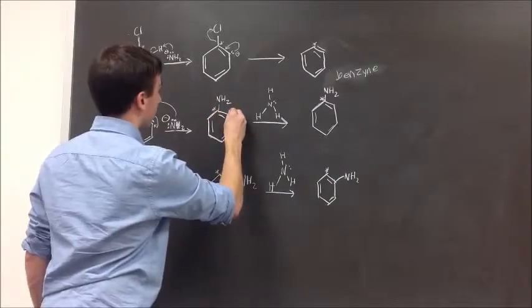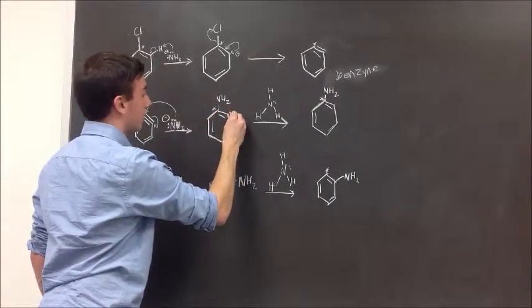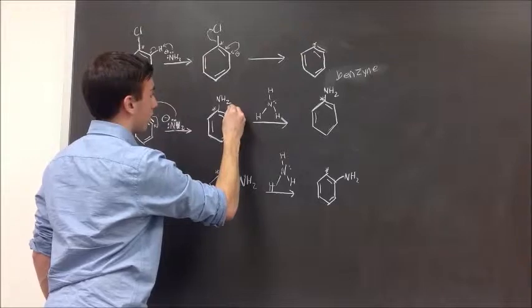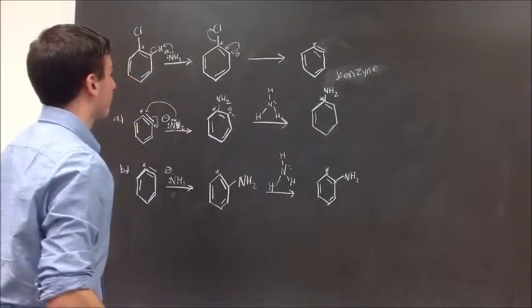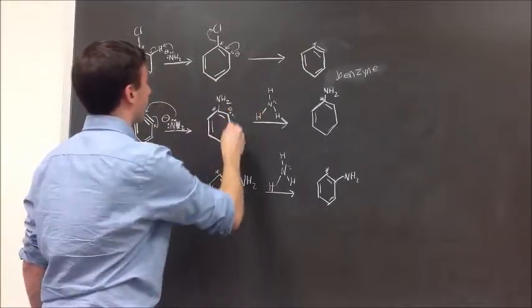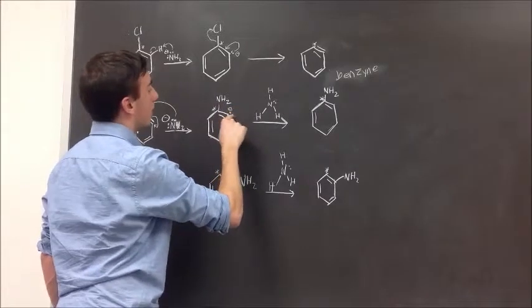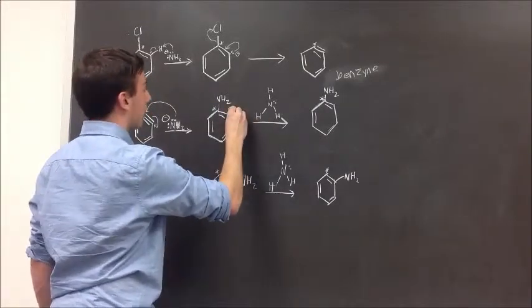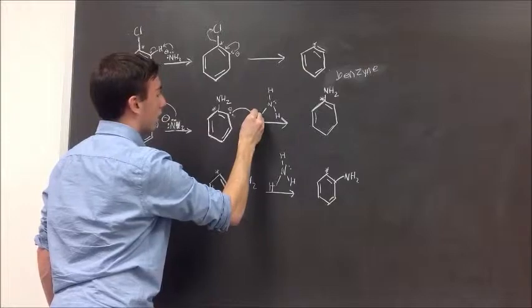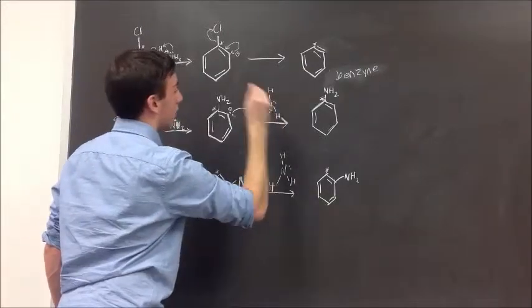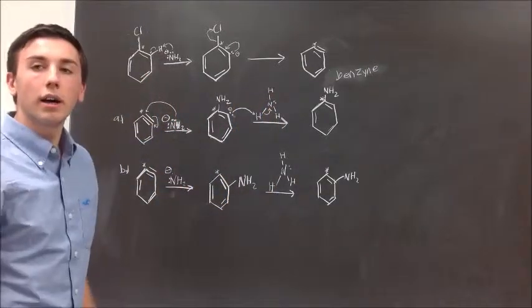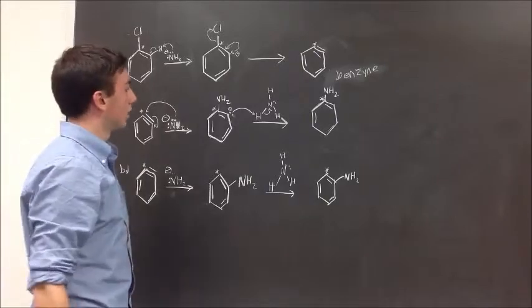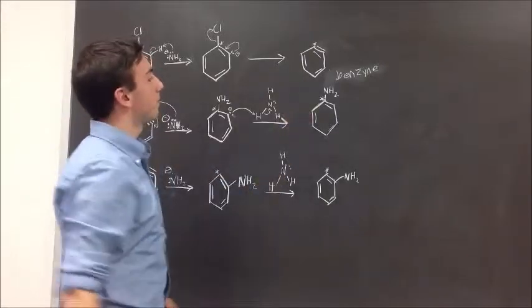So in this, you're going to have the electrons here with a negative charge. And then to get to the final product, you attack with the NH3 like that, and it's just a normal protonation.